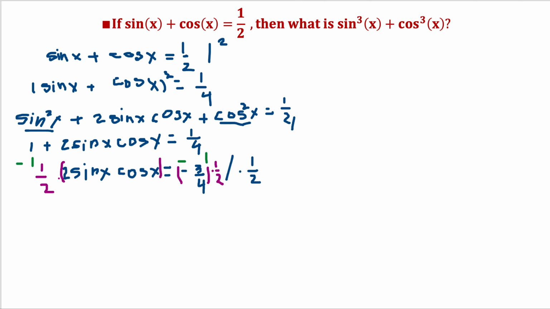The 2 with the 2 is going to simplify. And what I'm going to get is sine x cosine x is equal to minus, 3 times 1 is minus 3 over 8. So this is the final.